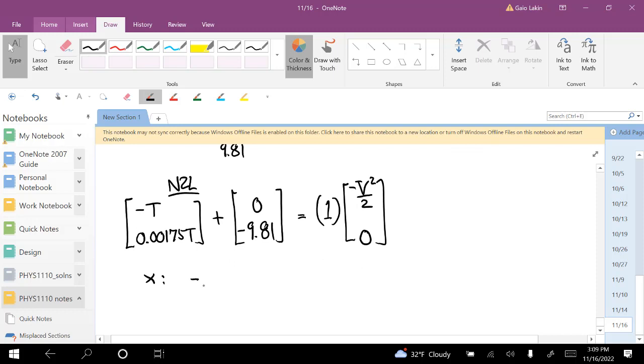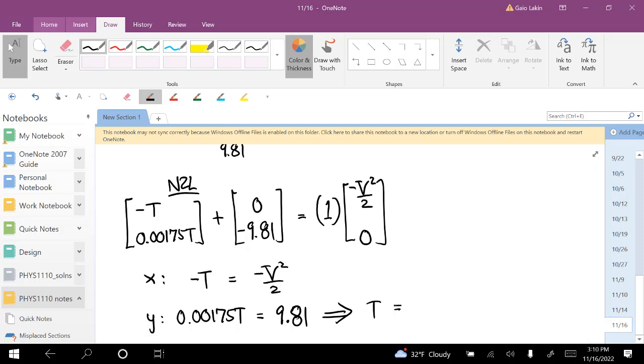So now we have two equations. Negative T is equal to negative v squared over 2. And the y equation says 0.00175 T is equal to 9.81. So you get that T is equal to 5,620.72 newtons.